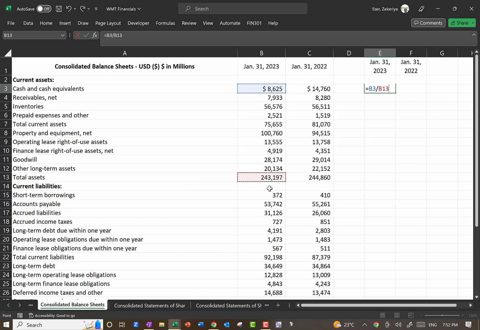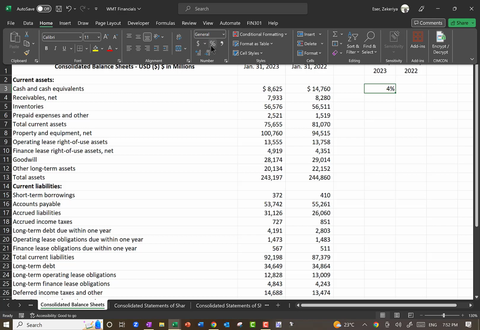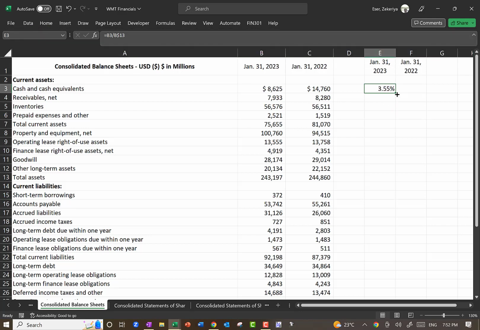I want to make sure that I fix the row, so it's $13. So when I copy, the reference to column shifts, but the row doesn't.